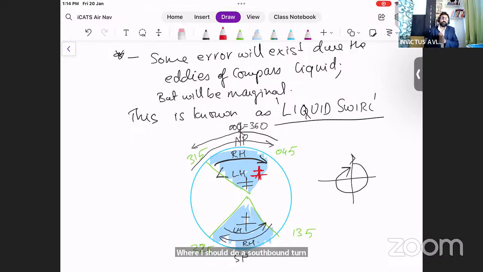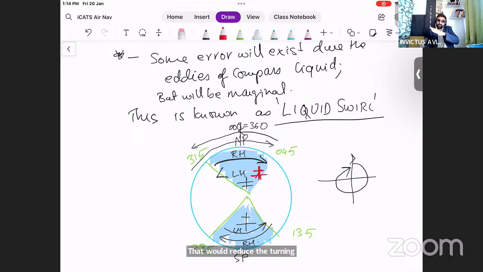So let's say that I am at a heading of 045 and I want to get onto a heading of 315. So the shorter turn will be left turn for me. But in order to avoid the errors, the least error would be if I turn southerly from 045 to the bigger circle till 315. That would reduce the turning errors for me.